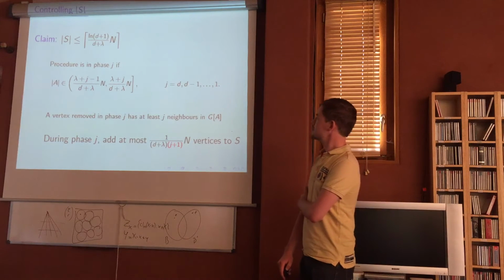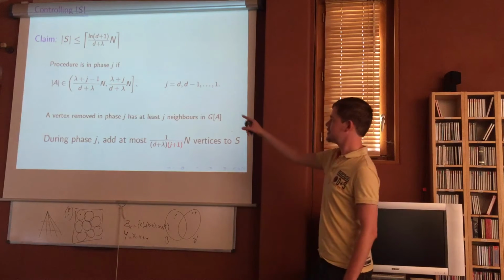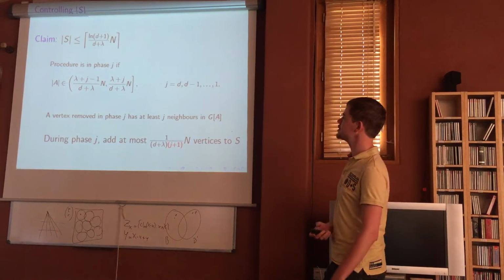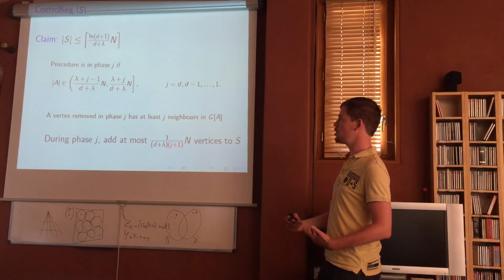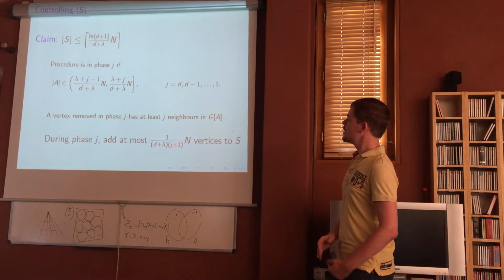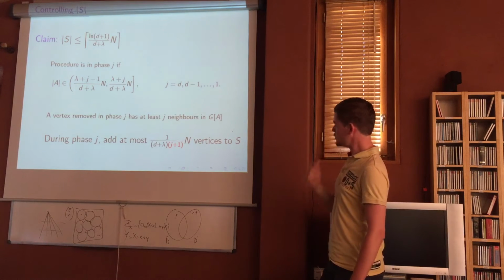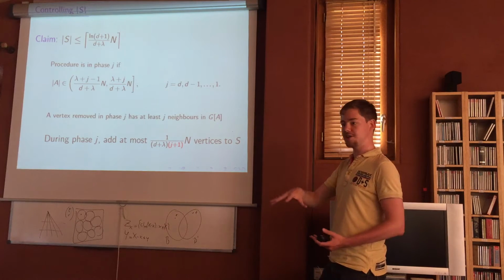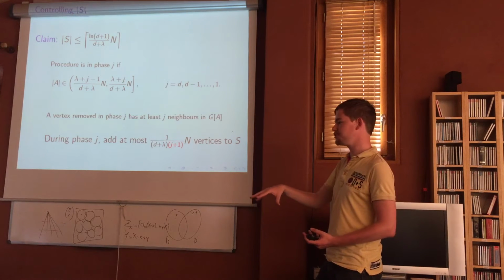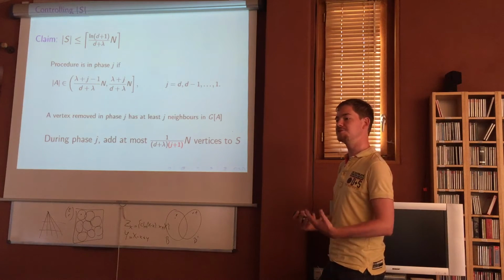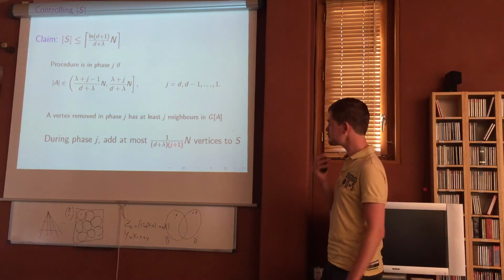Our claim is that the set S is indeed at most sigma times the number of vertices. So sigma is this log d over d plus lambda. And it works as follows. On the previous slide I proved that if you are more than the Hoffman bound plus a constant fraction of the vertices, then you know something about the minimum degree in this induced subgraph.